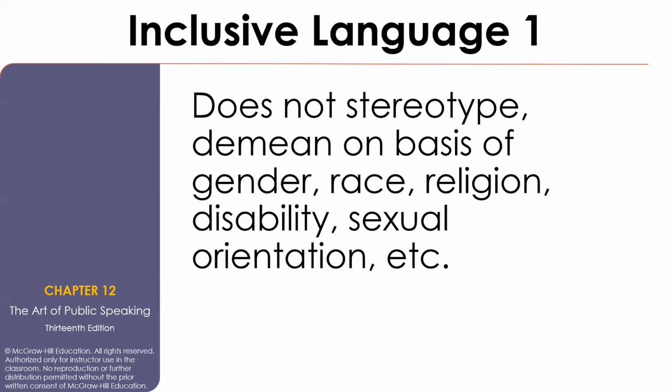First of all, inclusive language does not stereotype, it does not demean on the basis of gender, race, religion, disability, sexual orientation, all of that, because that's one of the first things that's going to turn your audience immediately away from your speech, if you aren't providing inclusive language or you're intentionally violating this basic tenet of speaking. You need to make sure that you are inclusive of all of those types of groups.